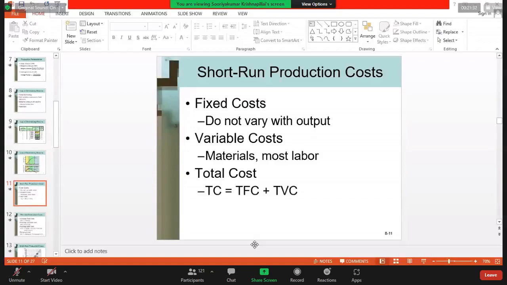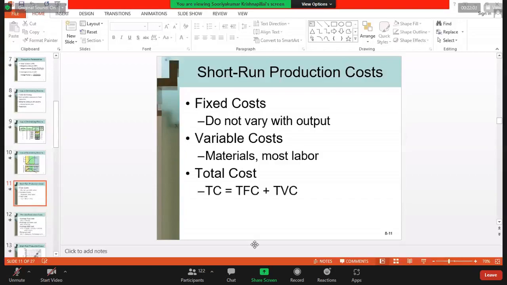If you borrow money from the bank for this business, you have to pay interest. If you lease a vehicle, you have to pay insurance. Whether you produce or not, you have to pay these, that is fixed cost. So fixed costs do not vary with the output.